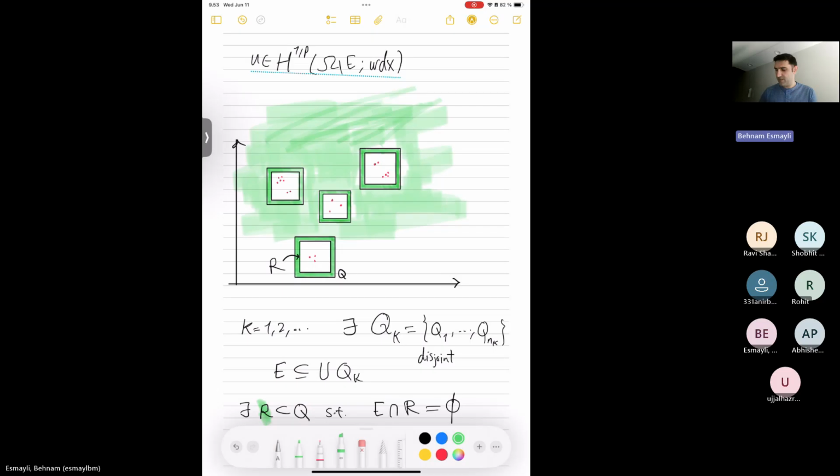So now I'm looking at the function, which is defined everywhere outside the union of the set's cubes. So I make a sacrifice. My function is defined everywhere, but I say, okay, let me just consider it on R^n, which is just Omega minus the union of Q_k.